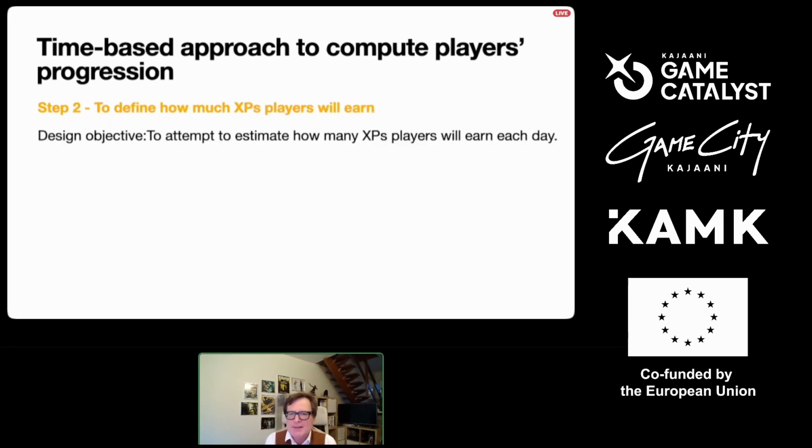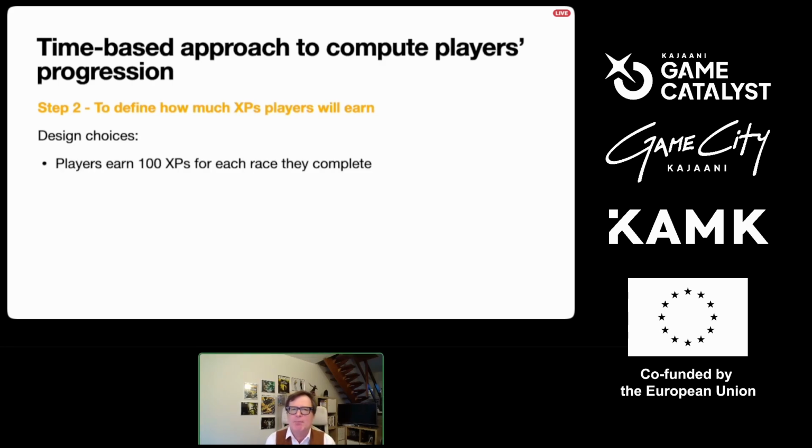Second, I must define how much XP players will earn on average. In this example, I've made the following design choices: players earn 100 XP for every race completed, which is very simple, obviously.